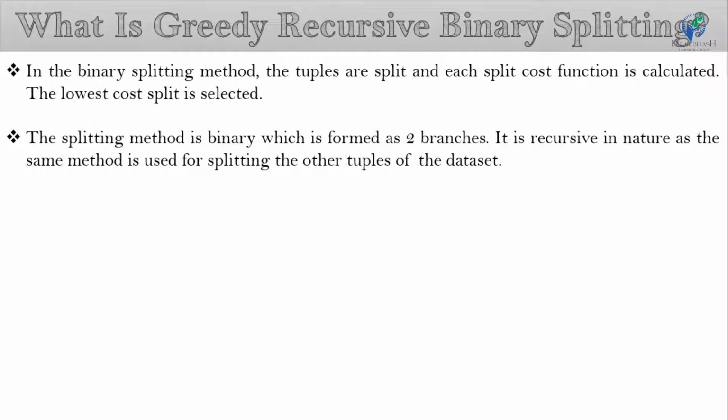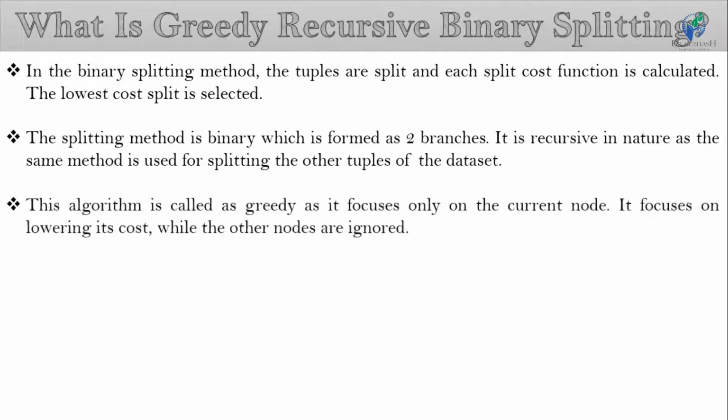It is recursive in nature, as the same method for calculating the cost is used for splitting the other tuples of the dataset. This algorithm is called greedy as it focuses only on the current node. It focuses on lowering its cost while the other nodes are ignored.